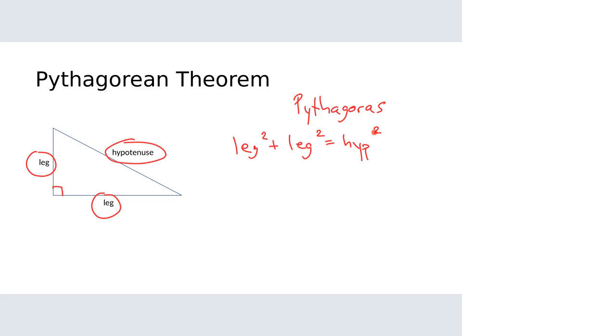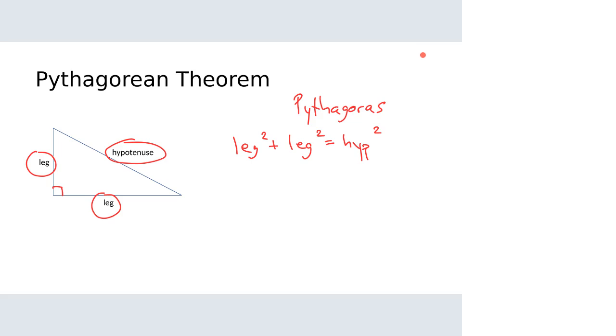But the reason I like it better is this. A squared plus b squared equals c squared is great as long as your legs are a and b and your hypotenuse is c. But those are variables. They can be put anywhere. If I call this one C and this one B and this one A, now it's C squared plus B squared equals A squared. Uh-oh, now I'm all goofed up.